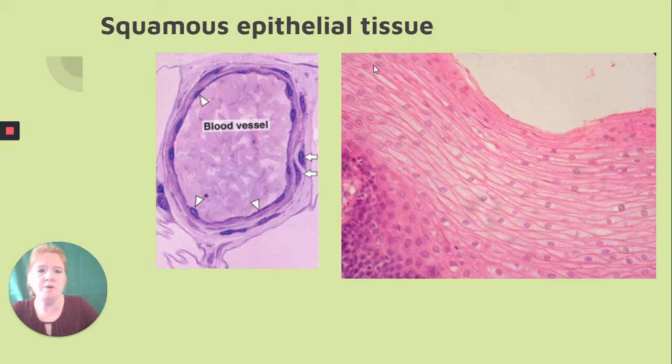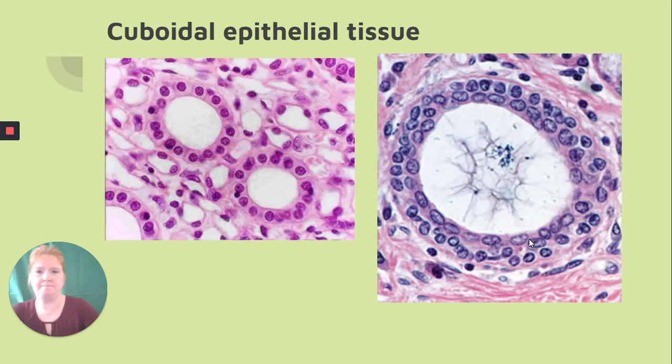But you can also have stratified squamous. And look at all these layers. So this is cutaneous membrane, your skin. And you can see all of these flat cells in many layers, so stratified squamous. And you can see here evidence that these layers are going to peel off, which is how you can tell it's the cutaneous membrane or your skin.